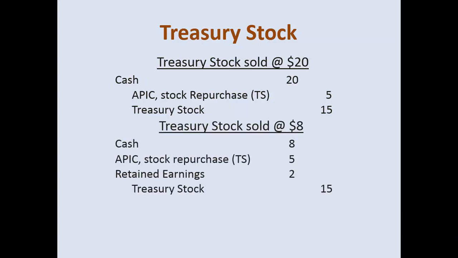Now let's say I sell it at a loss, but let's say I already have 5 sitting in that APIC account. This represents a total $7 loss, but I can't call it that. So first I clear out the contributed capital account, the APIC stock repurchase. The remaining $2 loss comes directly out of retained earnings. And if I didn't have anything in the APIC account, the entire 7 would come out of retained earnings.